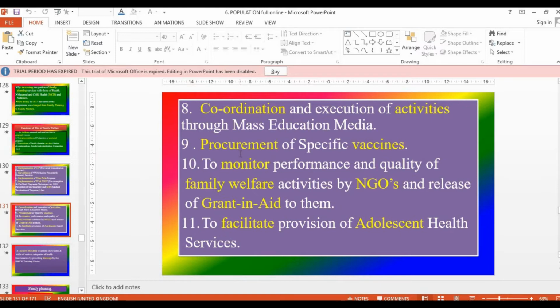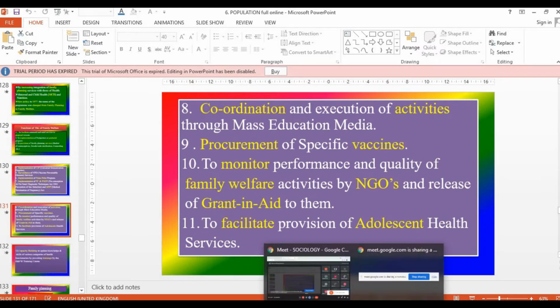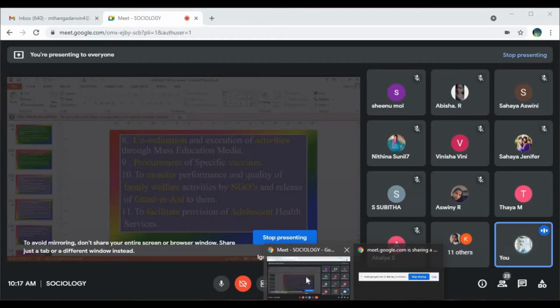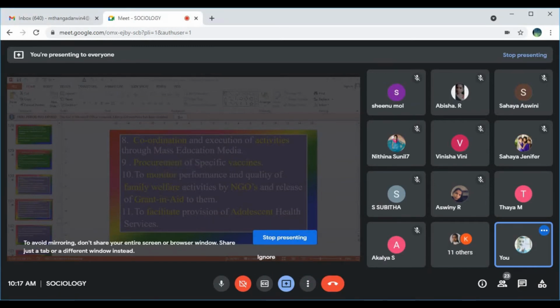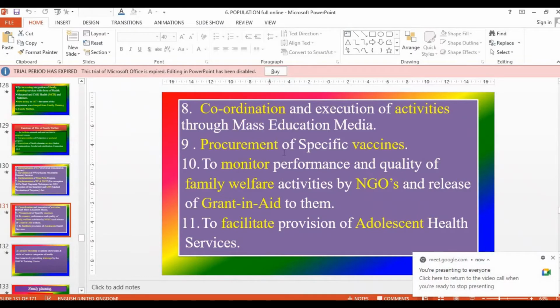Ninth one, procurement of specific vaccines. 10th one, monitor family welfare activities by NGOs and release grant in aid.